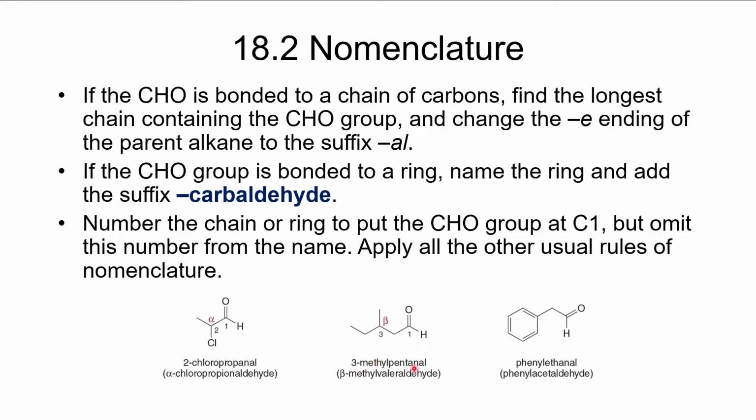You can see why we kind of like the names pentanal and propanal, because those have the systematic names and we know the numbers that go with them. For ethanal here, we can also call this one phenylacetaldehyde. Acetaldehyde is the common name for ethanal.